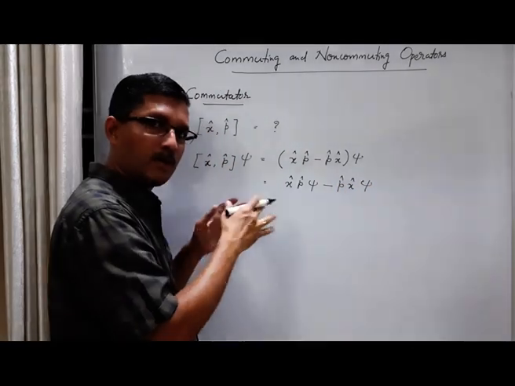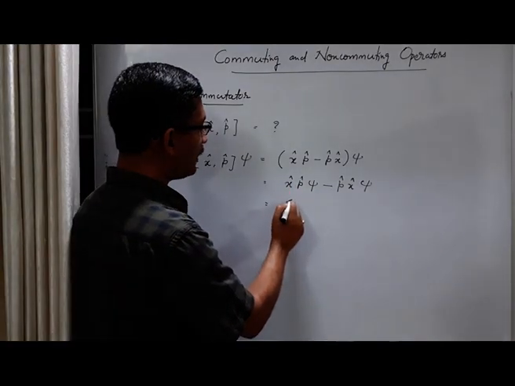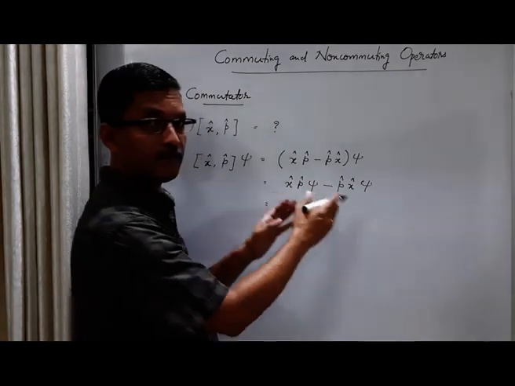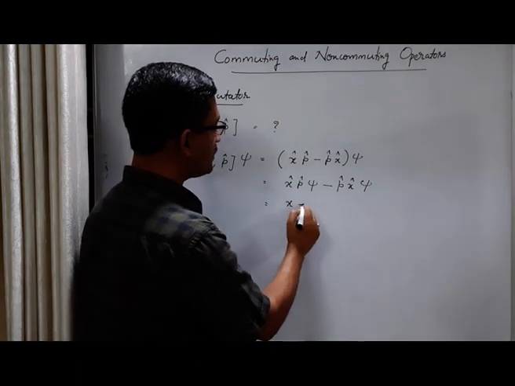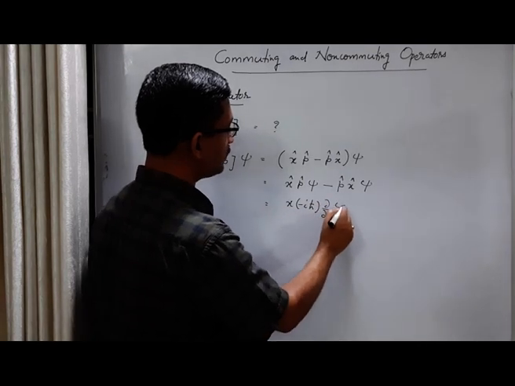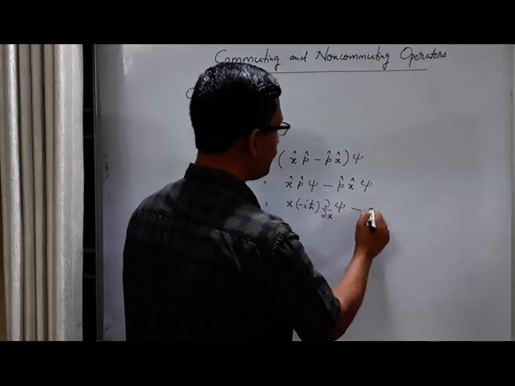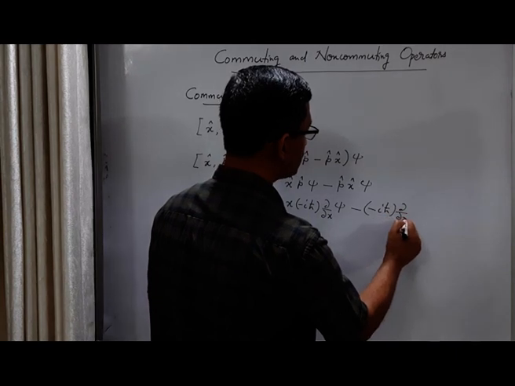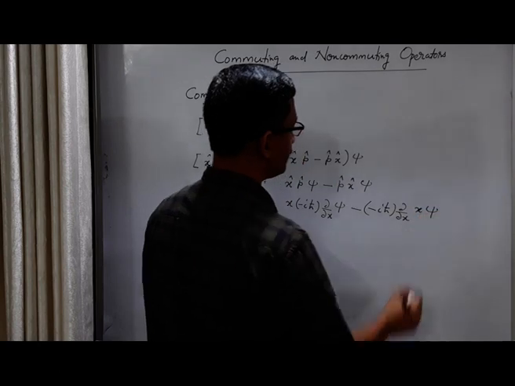Let us substitute the operator values here. The x operator acting on any wave function is simply x times that wave function. Whereas the p operator acting on a wave function is minus i h-bar del by del x acting on the wave function. Minus, here again the p operator is minus i h-bar del by del x. The x operator is simply x psi.